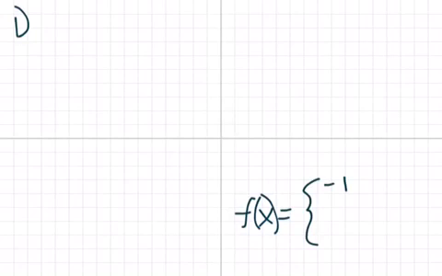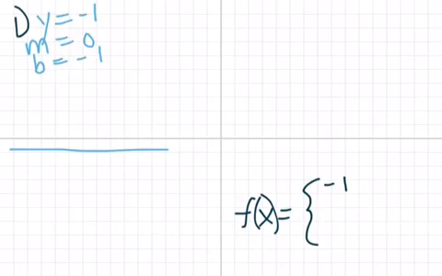So if we look at this and think of it as y equals -1, then the slope is 0 because there is no x, and the y-intercept is -1. So at -1, this is your line for y equals -1.